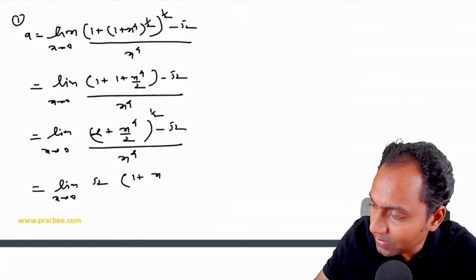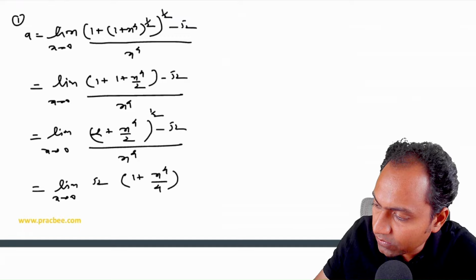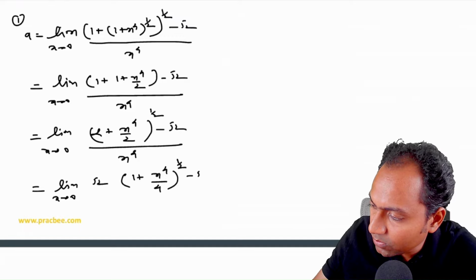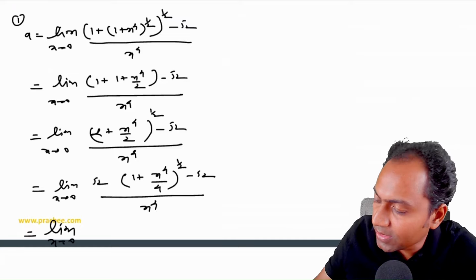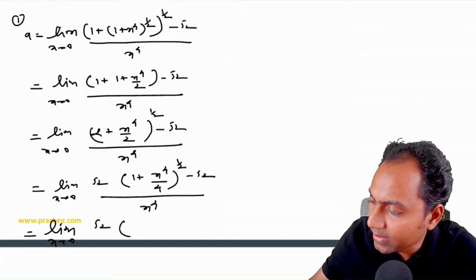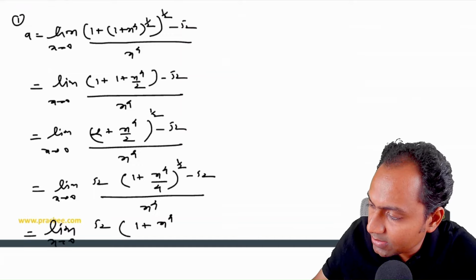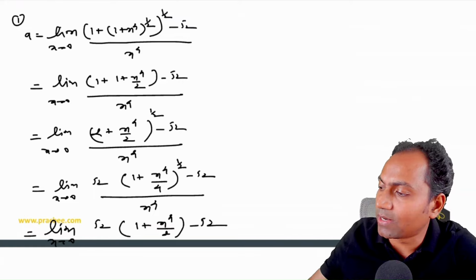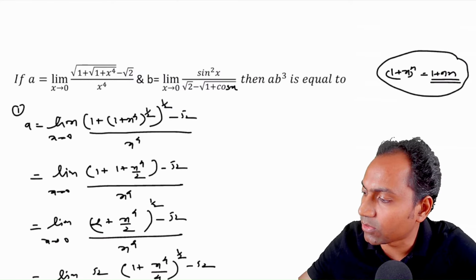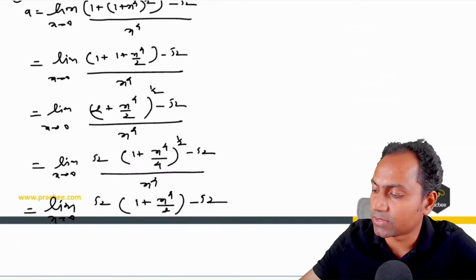This becomes 1 plus x raised to the power 4 by 4 raised to the power 1 by 2, minus root 2 by x raised to the power 4. And in the last step, you can again apply the same thing and write it as 1 plus x raised to the power 4 by 8, minus root 2. So we are continuously using this one result in order to get our answer very fast and very simple.